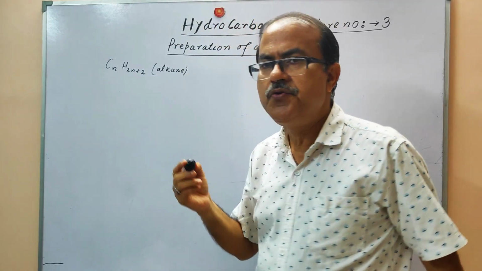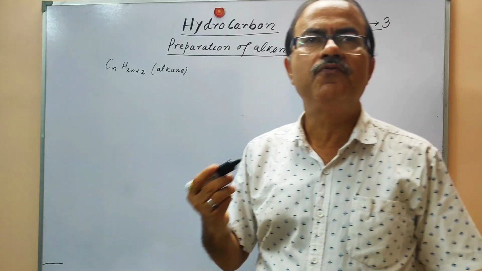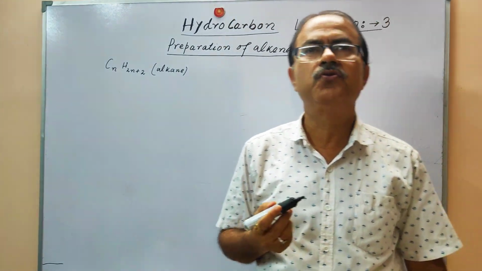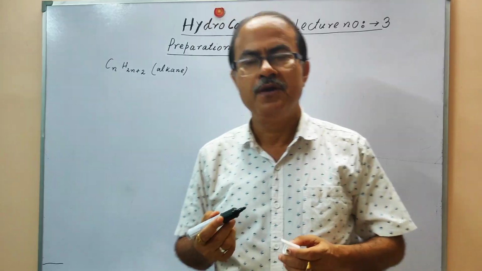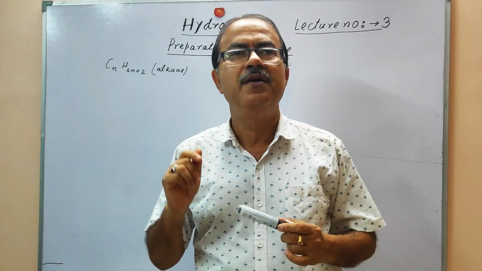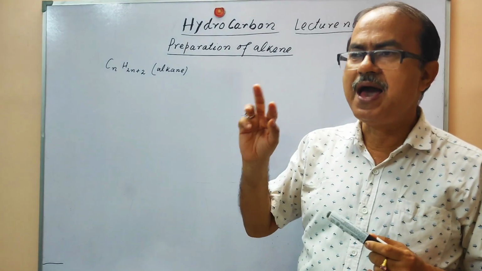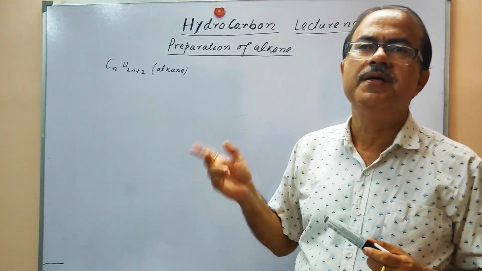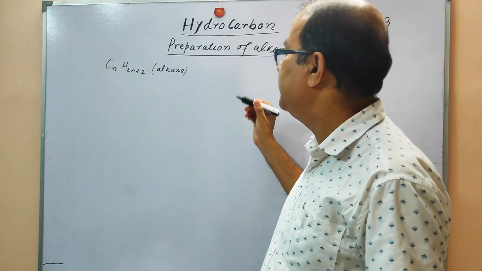But when we are talking about the general formula of the alkene, you can construct it yourself, because in the alkene there is a double bond, which means it will have two fewer hydrogen atoms than the alkane.